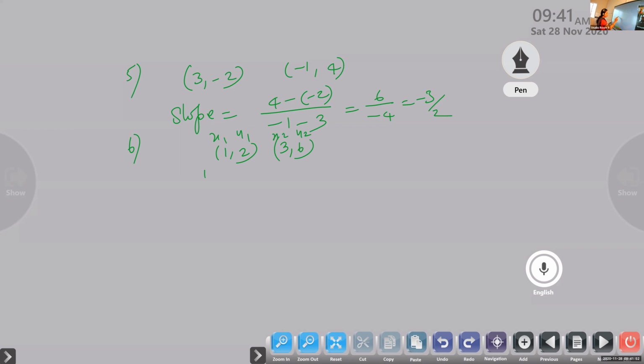So (y minus y1) by (y2 minus y1): (y minus 2) by (6 minus 2) is equal to (x minus 1) by (3 minus 1). So we will get (y minus 2) by 4 is equal to (x minus 1) by 2. If you cancel, this will become 2. You cross multiply it, you will get the equation.